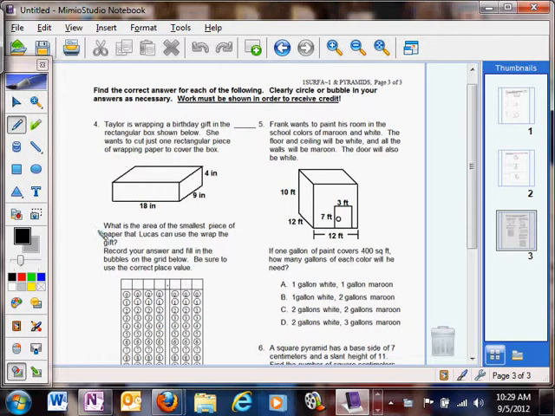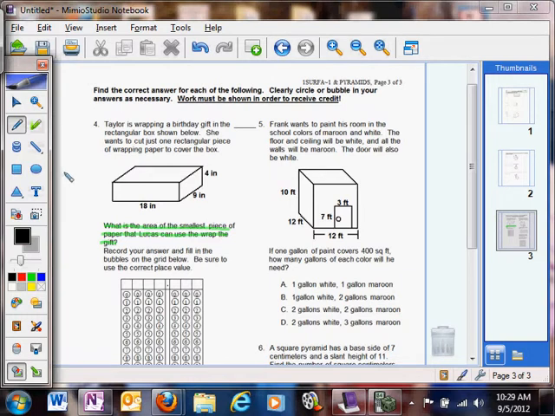Now, what are they asking for? Make use of the highlighter that they give you. What is the area of the smallest piece of paper that Lucas can use to wrap the gift?